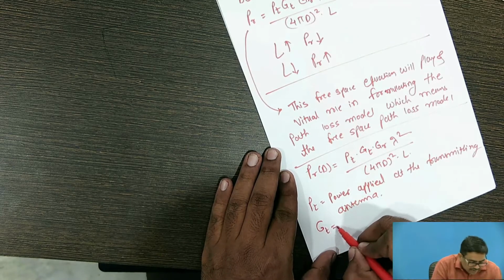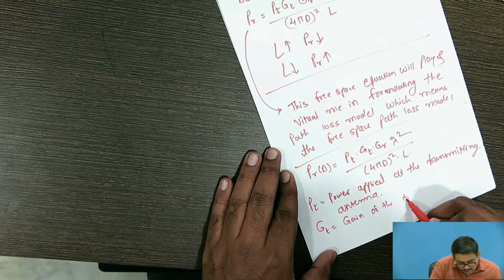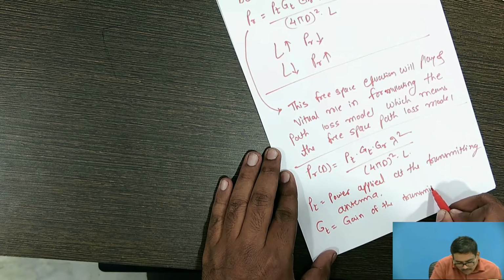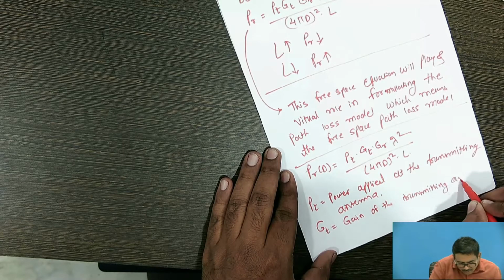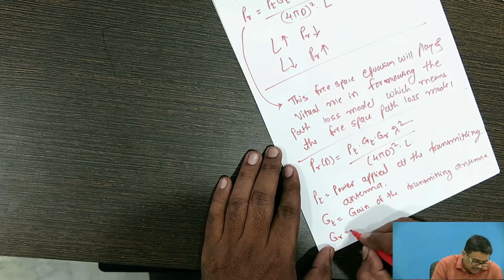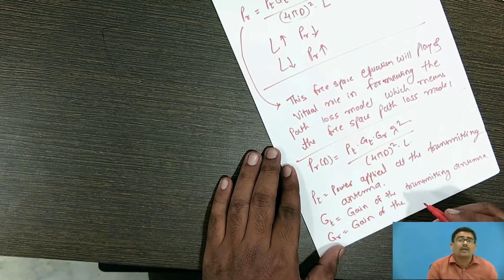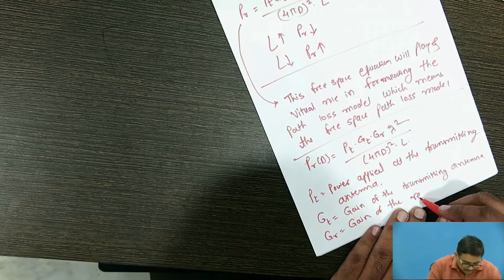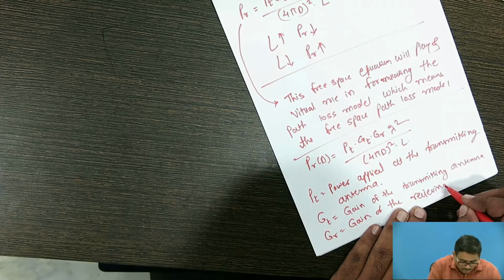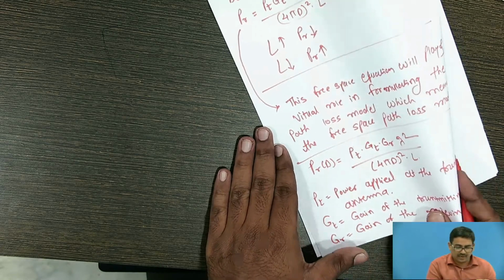GT is the gain of the transmitting antenna. And what will be the GR? Gain of the receiving antenna.